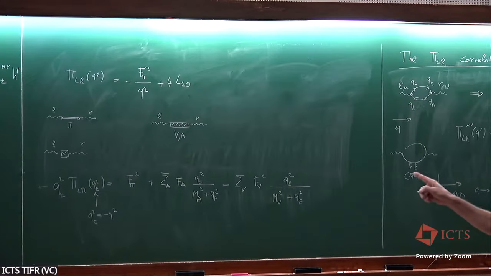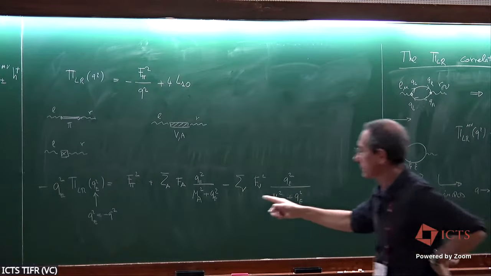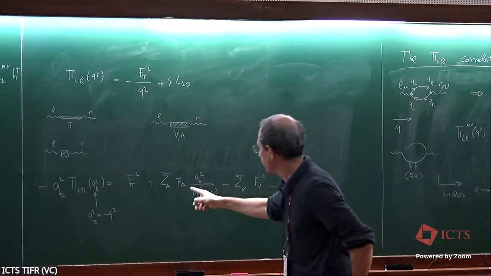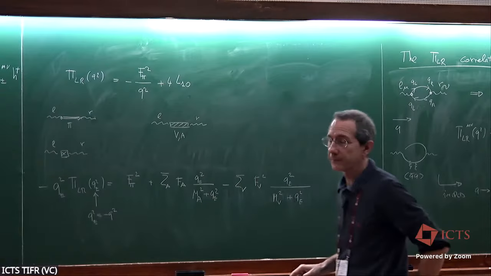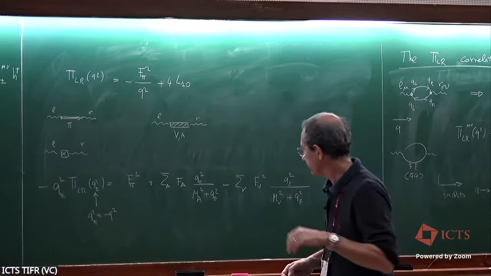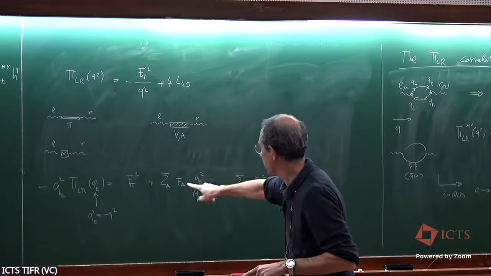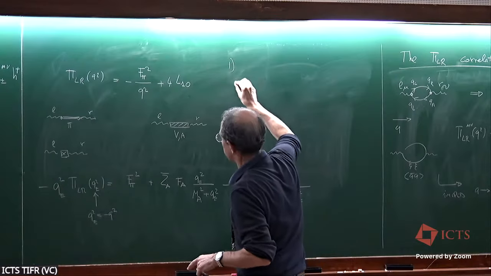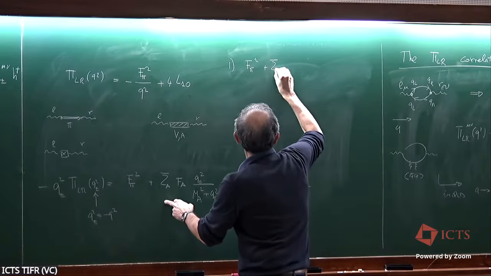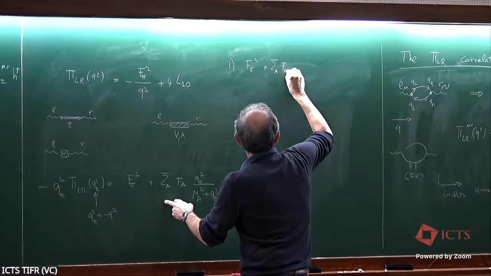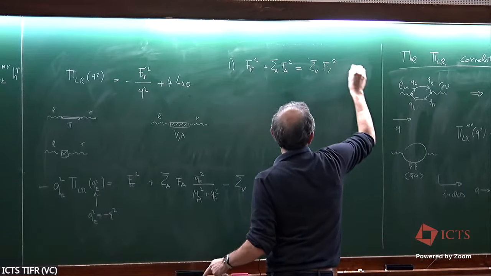So now if we want this expression to match, here you have, again, a very bad behavior, already with something that goes with Q squared here, which is telling us, well, actually at high Q squared, this goes like a constant. So you get the first sum rule, which is telling us that F pi squared plus sum over A F A squared has to be equal to sum over V F V squared.